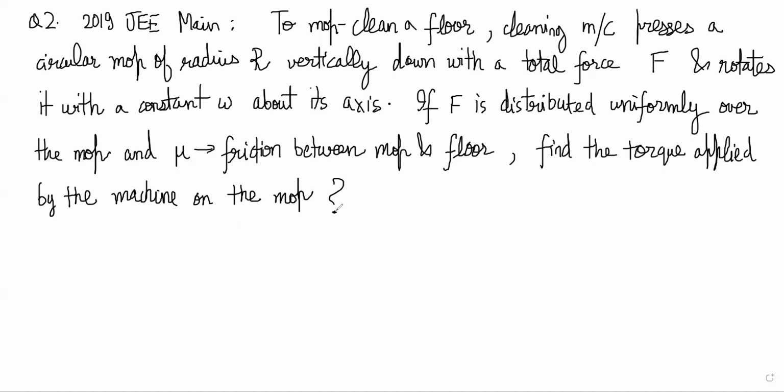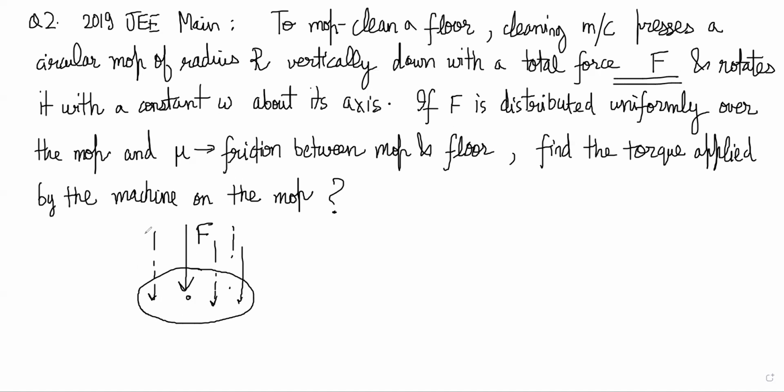So think about the question, what is being done? You have a circular mop and you are applying a vertical force of F, and the force F was such that it was distributed over the whole mop, right? This is the vertical force, total force F that was applied on the mop.